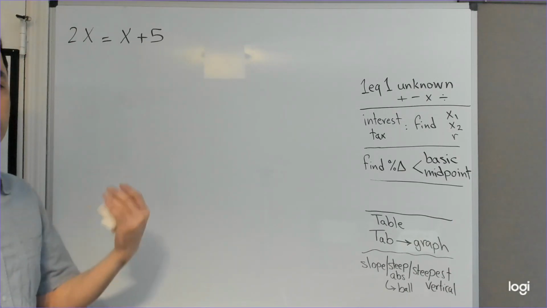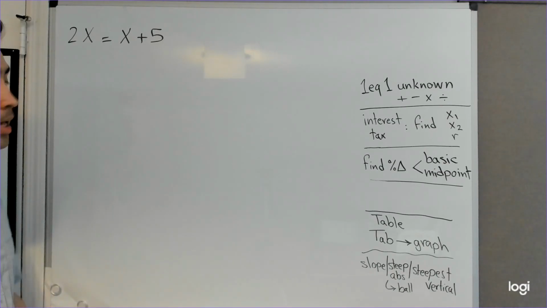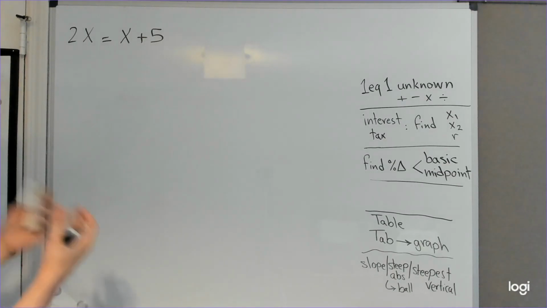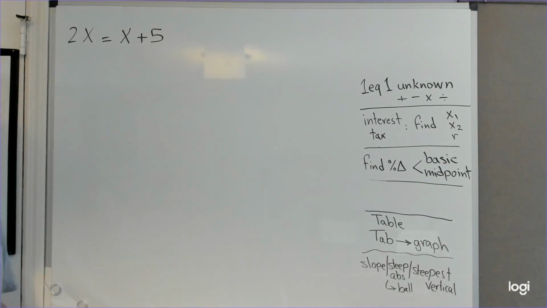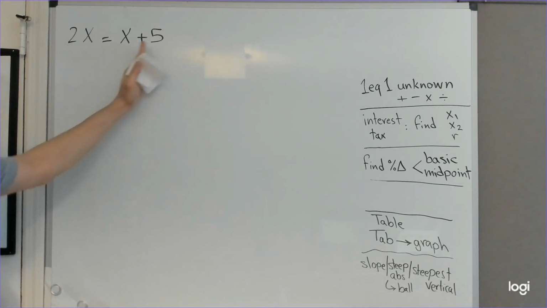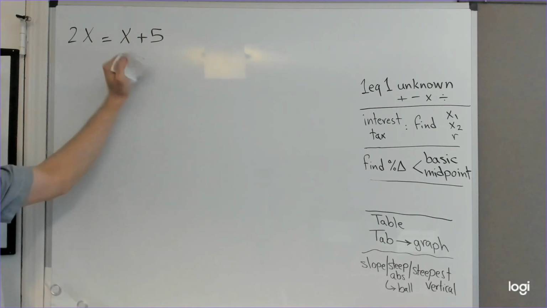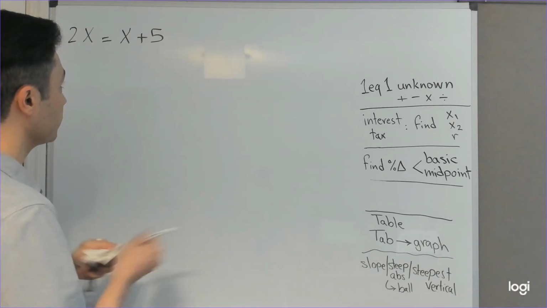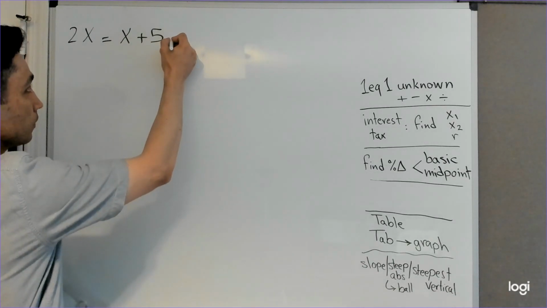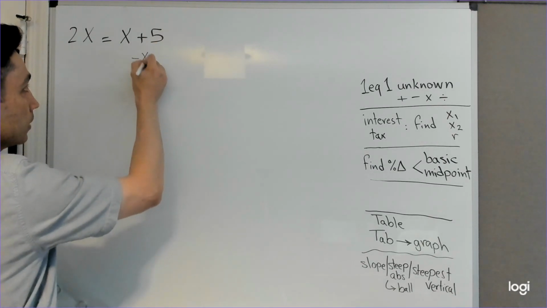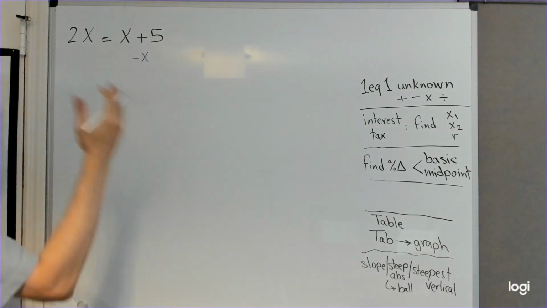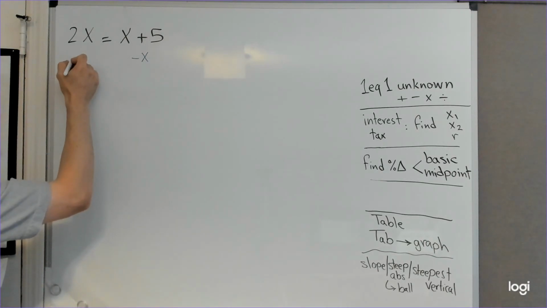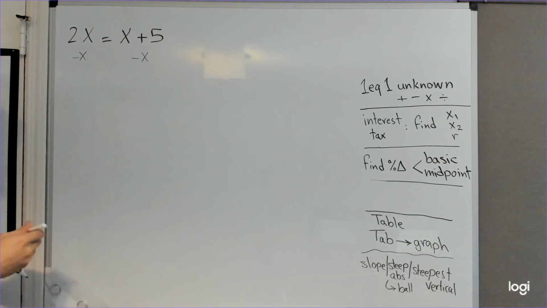And you're allowed to multiply the two sides by any number as you desire. So to solve this one, all I need to do to eliminate the presence of x on the right side is to subtract x. So I subtract x from the right side, but I need to remember I have to do the same thing to the left side as well.